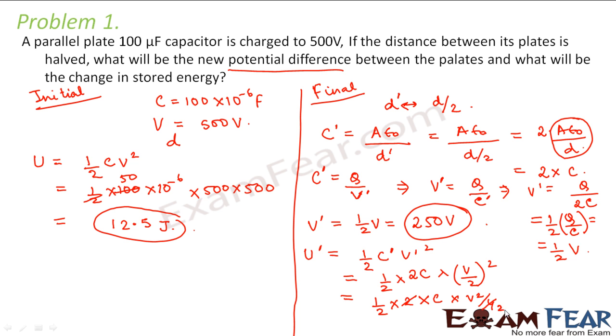The 2 and 2 cancel, so this becomes equal to half into 1 by 2 CV square. So 1 by 2 CV square was nothing but the old stored energy. So the stored energy will also become half of the previous stored energy. That means half of 12.5 joules, that is 6.25 joules.